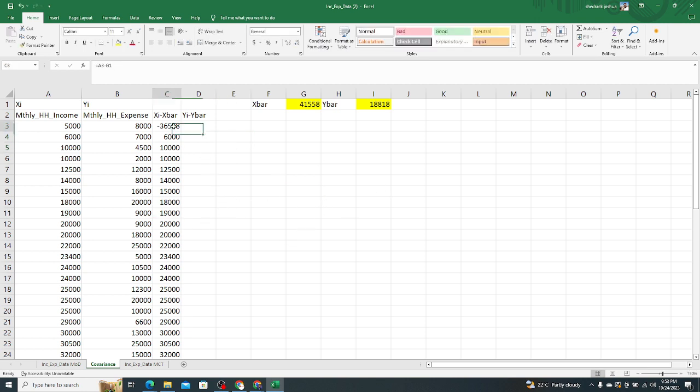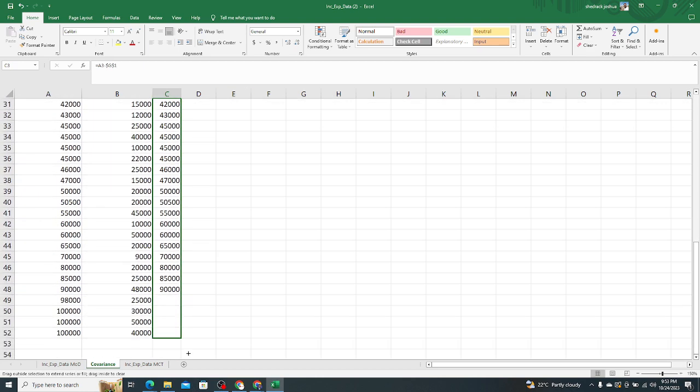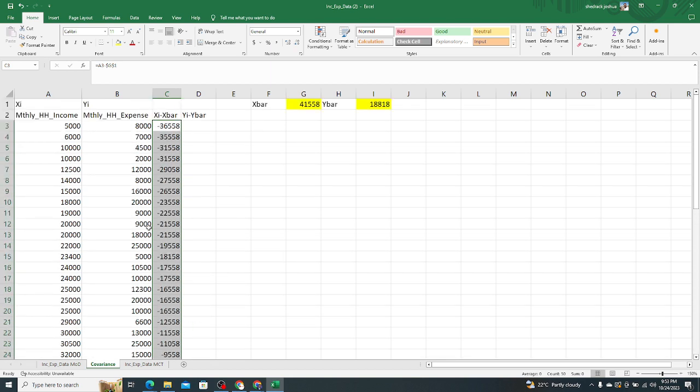So basically I'm going to lock our x bar value, then enter. After that I can drag it down to the end. And this is our xi minus x bar.